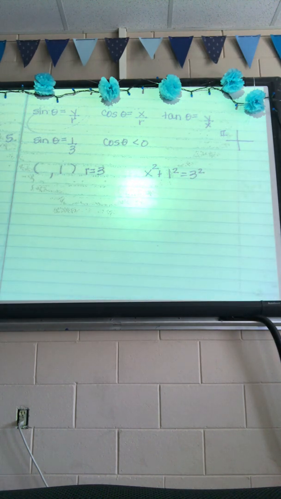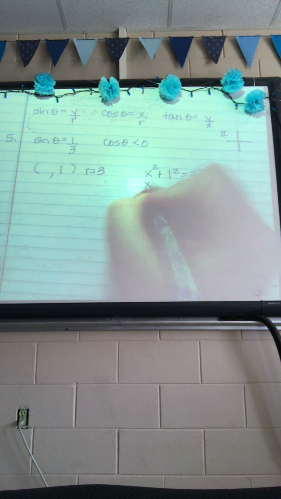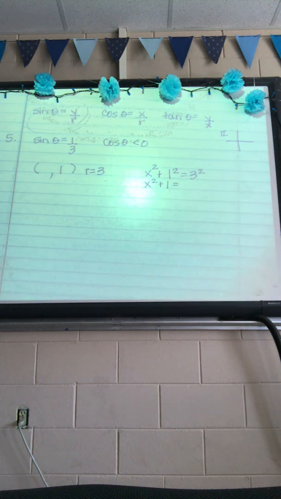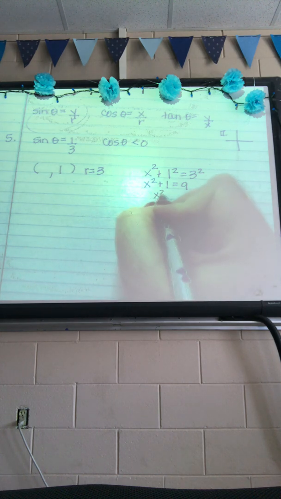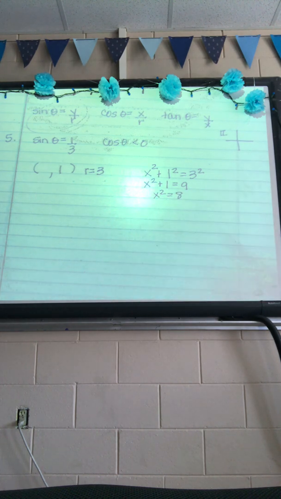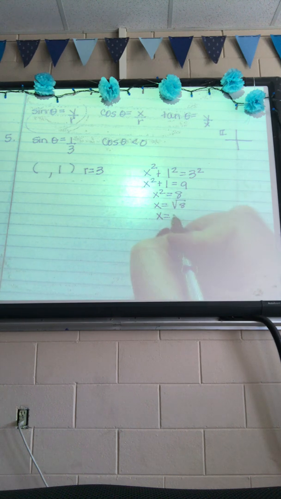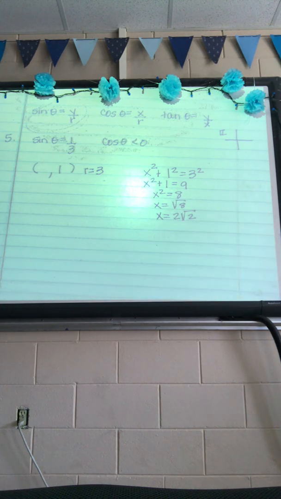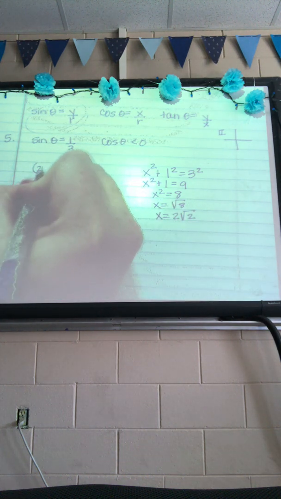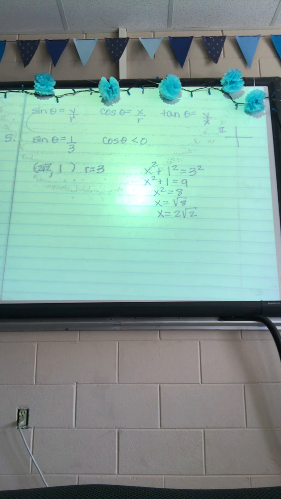Before we were finding the radius, but most of the time now we're going to know the radius and we're going to find either x or y. So 1 squared is 1, 3 squared is 9, subtract 1, take the square root, the square root of 8, which is 2 square root of 2. So 2 square root of 2 is the x coordinate, as weird as that is.